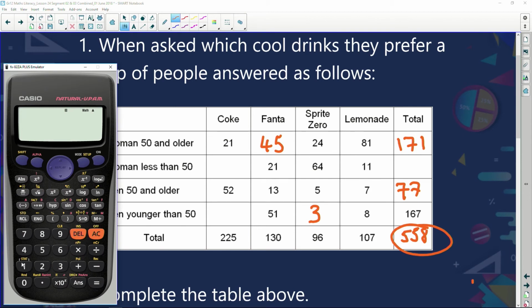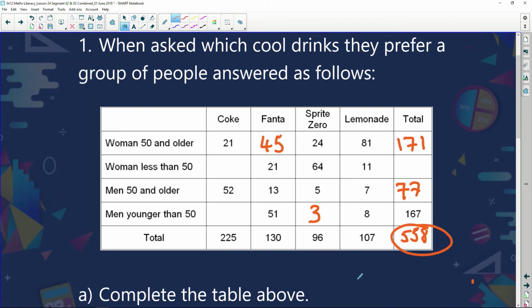We interviewed 167, of which 8 liked lemonade, only 3 liked Sprite Zero, and 51 liked Fanta, leaving me with 105. So Coke seemed quite popular with men who are younger than 50 years old.